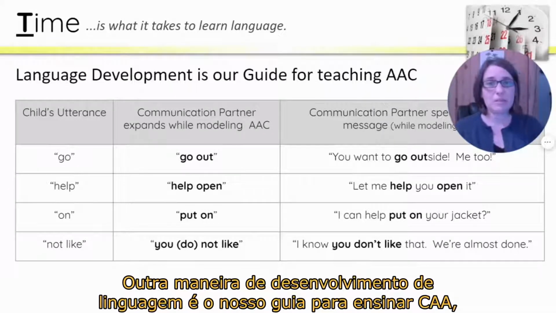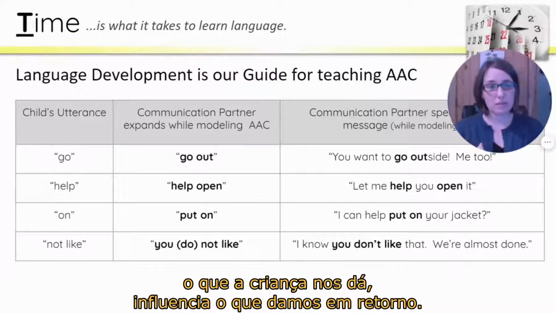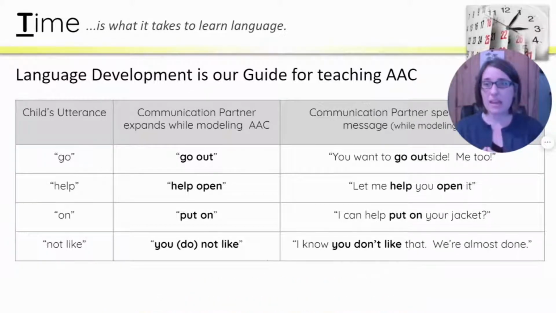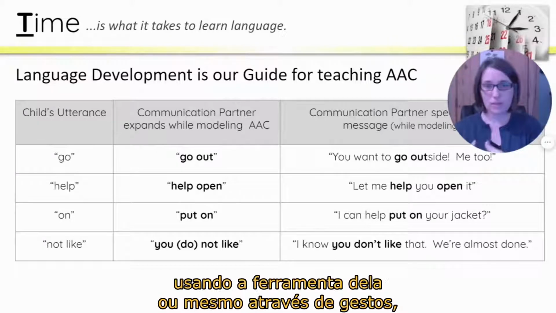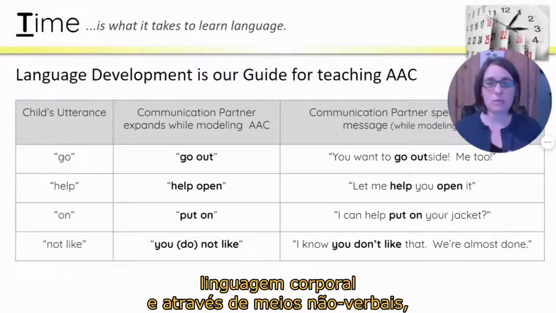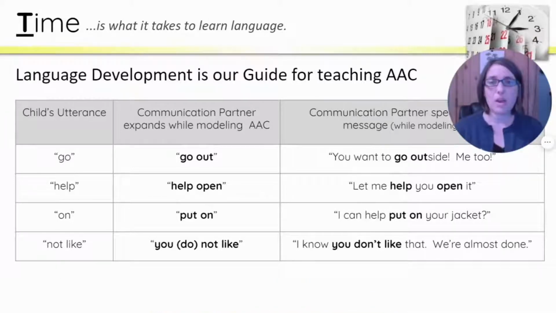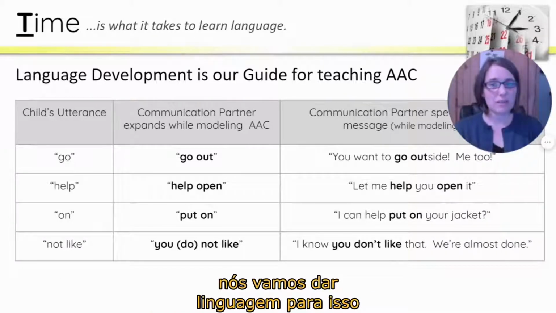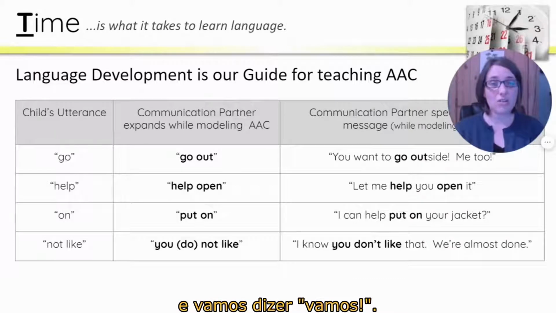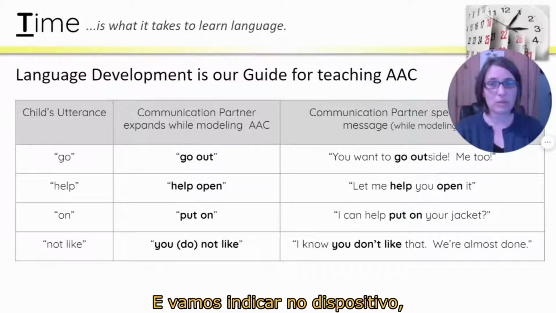So another way that language development is our guide for teaching AAC is that what a child gives us influences what we give back. If a child says go using their tool, or even through gestures and body language and through their nonverbal means, we are going to give language to that, and we're going to say, oh, go, and we'll point to it on their device.